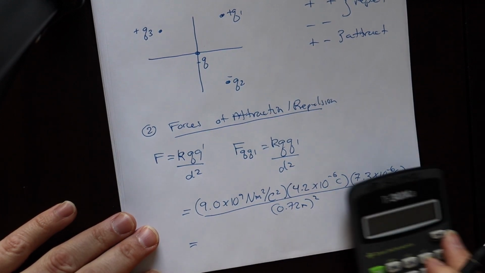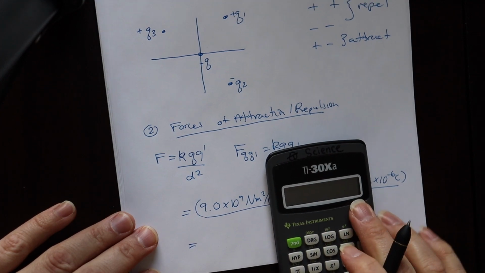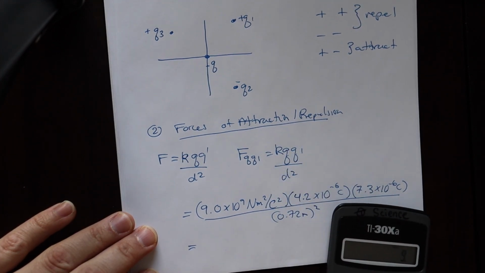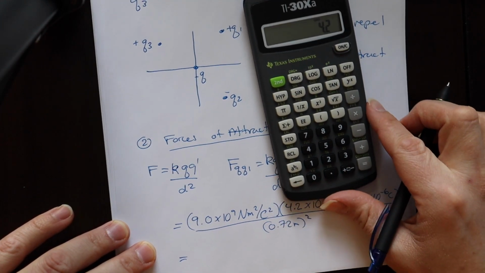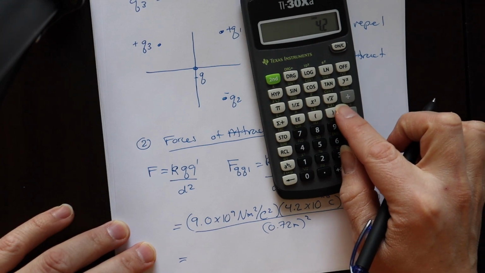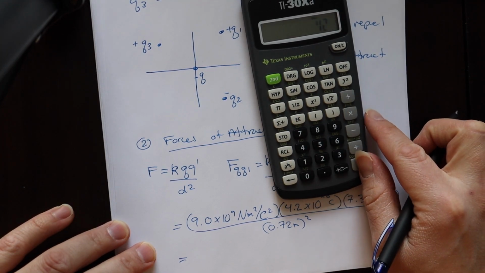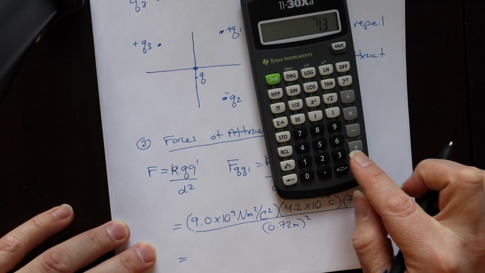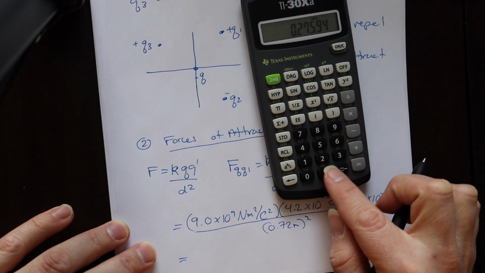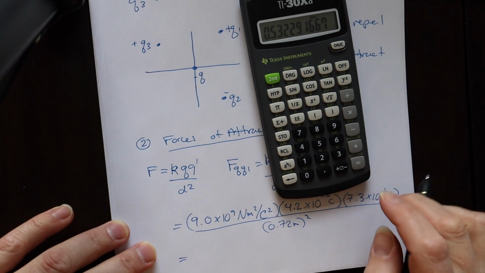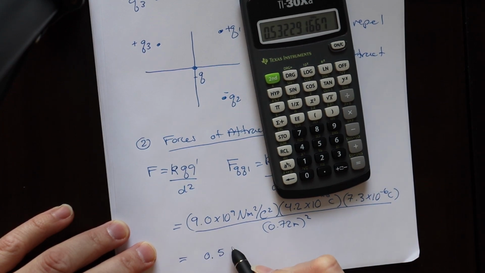Okay, and this is going to give you a number. So I'll do this one with you in real time, and we'll see what we get. So 9.0 times 10 to the 9 times 4.2 times 10 to the negative 6 times 7.3 times 10 to the negative 6 divided by 0.72 squared equals, and this gives me a force of 0.5323 newtons.